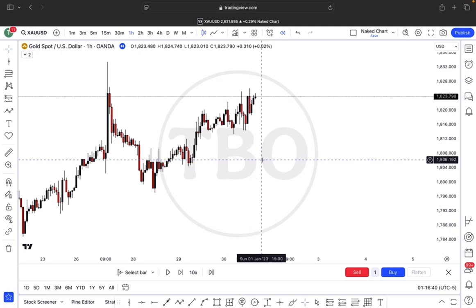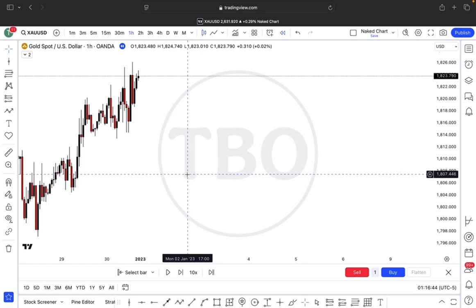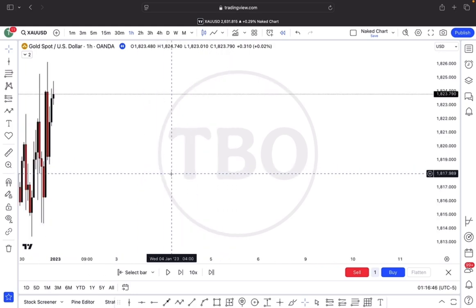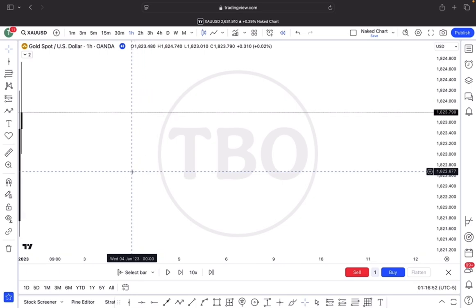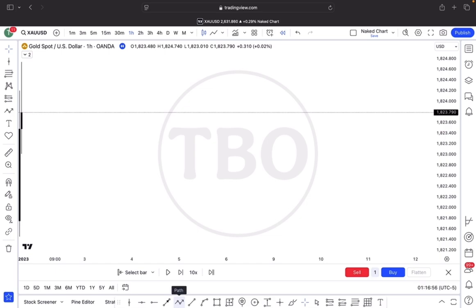So with that being said, as you can see, I'm on the 1 hour time frame. And before we get into the examples, first I want to show y'all some demonstration, what it actually looks like before we get into the advanced examples. So I'm going to show you some clean examples before we go into some advanced examples.